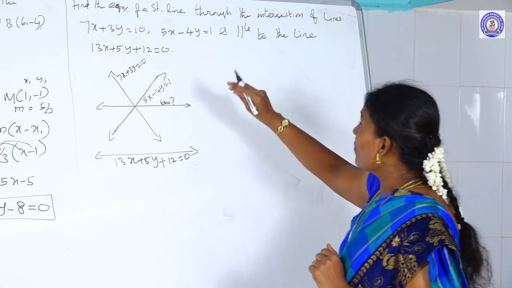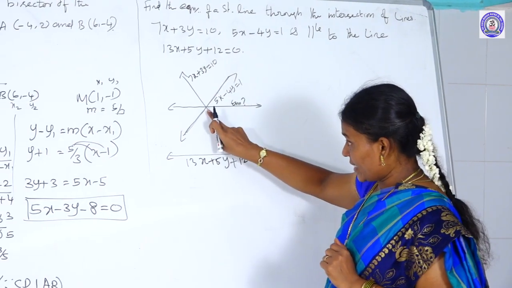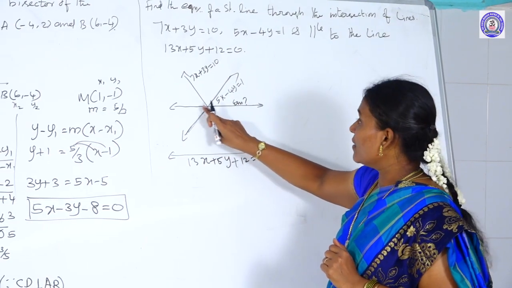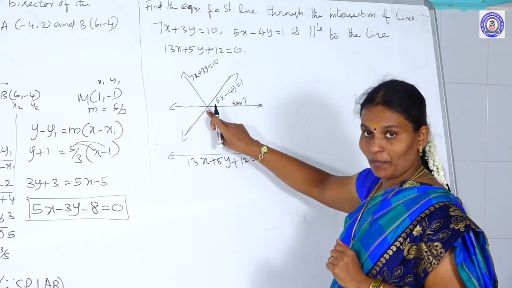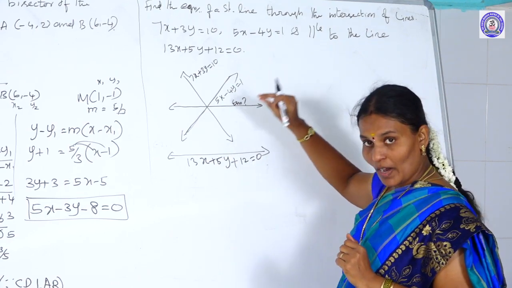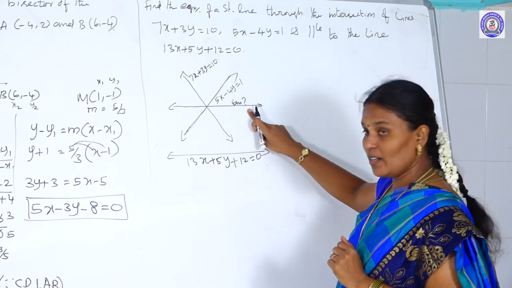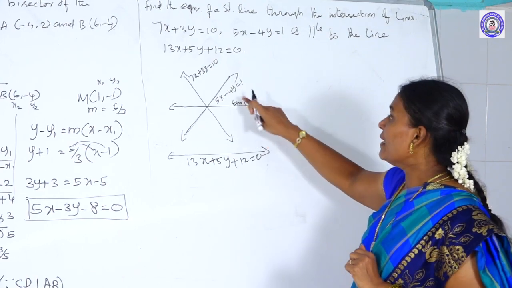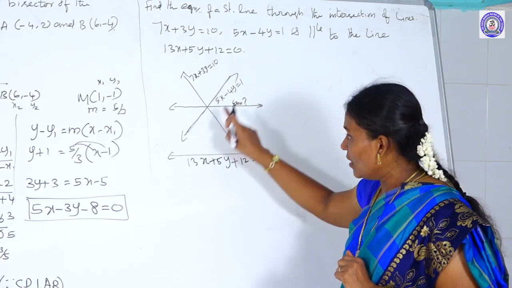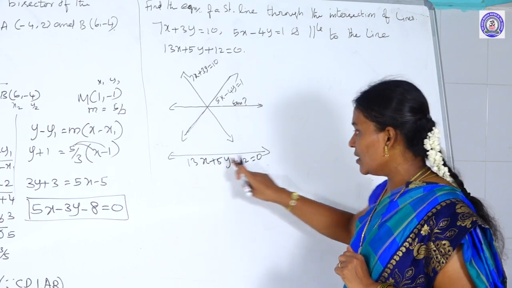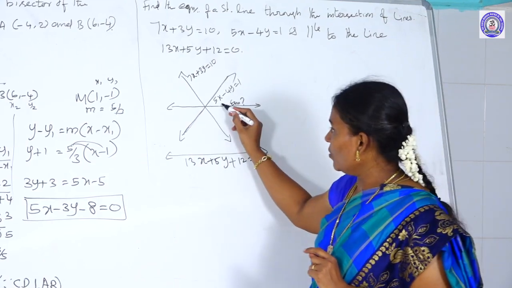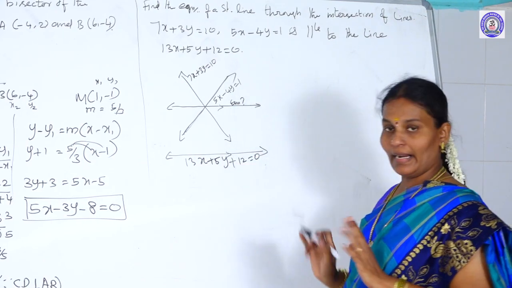These two lines intersect at one point. This line passes through that point. Now you have to find the equation of this line. One more clue is given here: this line is parallel to this line.